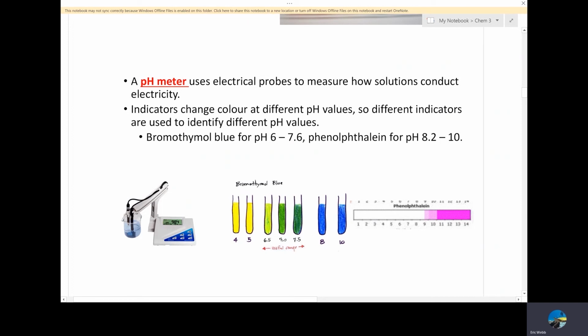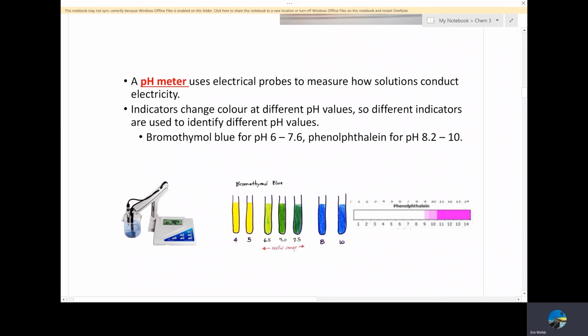We have other types of indicators that can change colors at different pH values. So they're more helpful in a narrower range than just our litmus paper. If we look at bromothymol blue, it starts out really blue in a basic solution, and it turns yellow in an acidic solution.